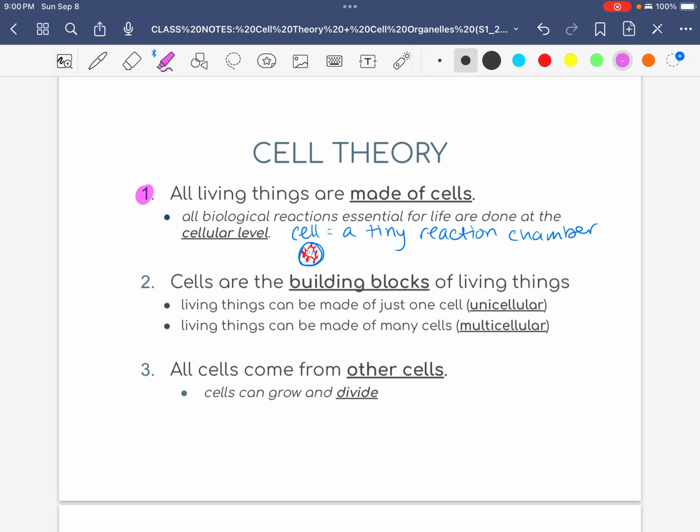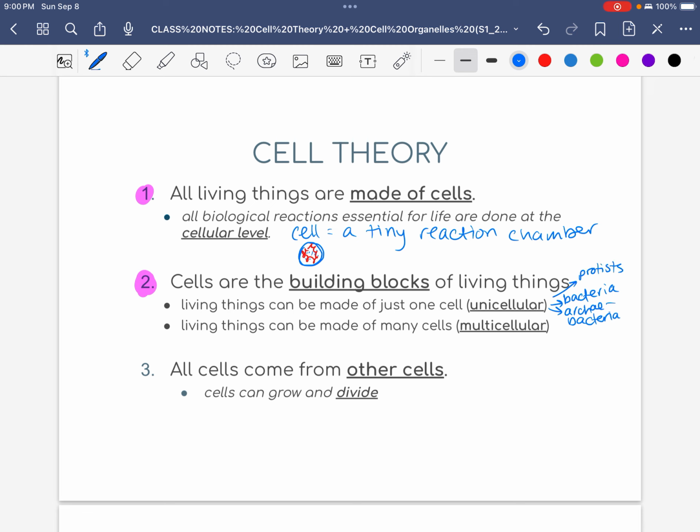The next thing is that cells are the building blocks of living things. And we've talked a little bit before about how things are unicellular or they are multicellular. Things that are unicellular are things like bacteria, archaebacteria, and also protists.